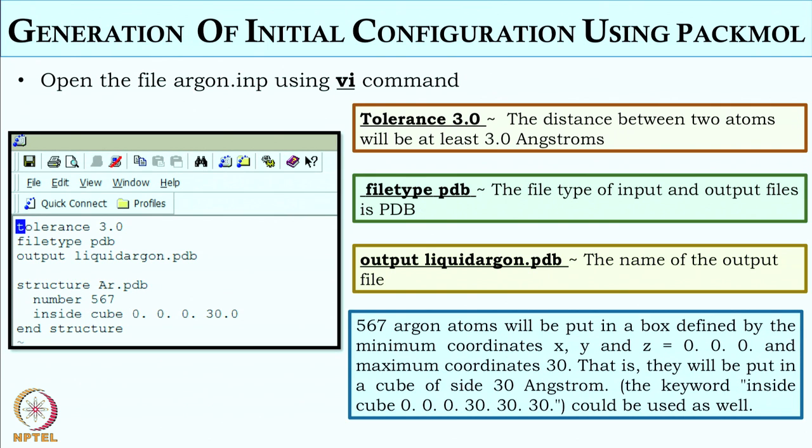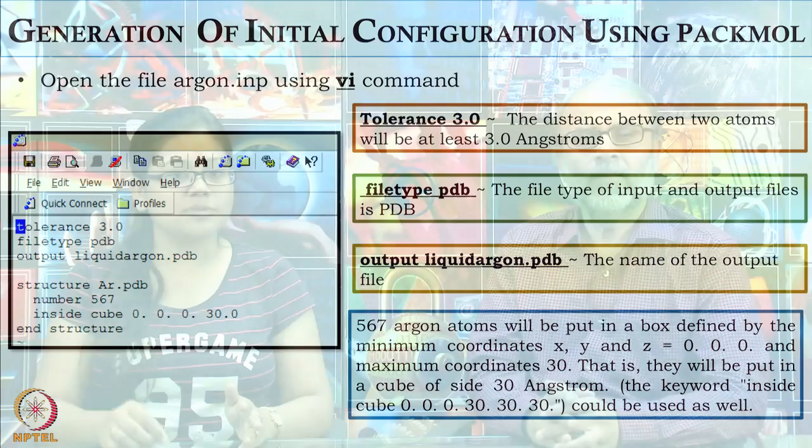And what is meant by inside cube 0.0.0.30 is that it is a cubical box of length 30 angstrom along the X, Y and Z axes. Instead of the keyword 0.0.0.30, we can as well use 0.0.0.30.30.30 to specify each X, Y and Z axis. And then you have to end this file using the command end structure. So what does this structure mean there? Structure is the input file that you are providing, that is argon.pdb.